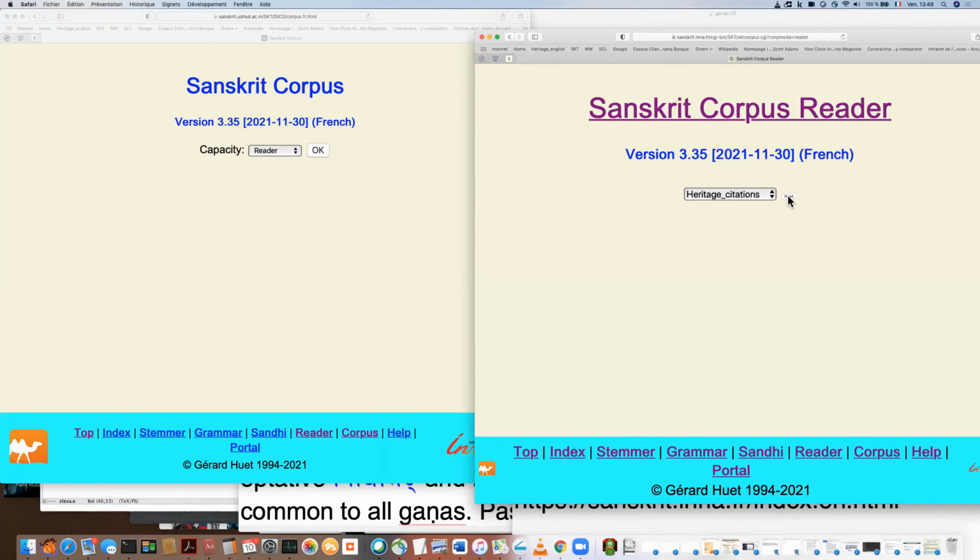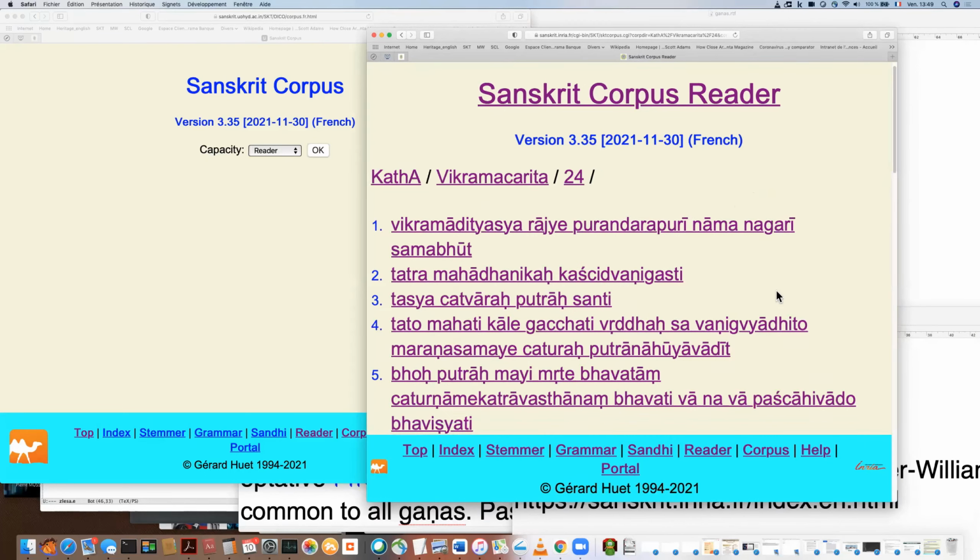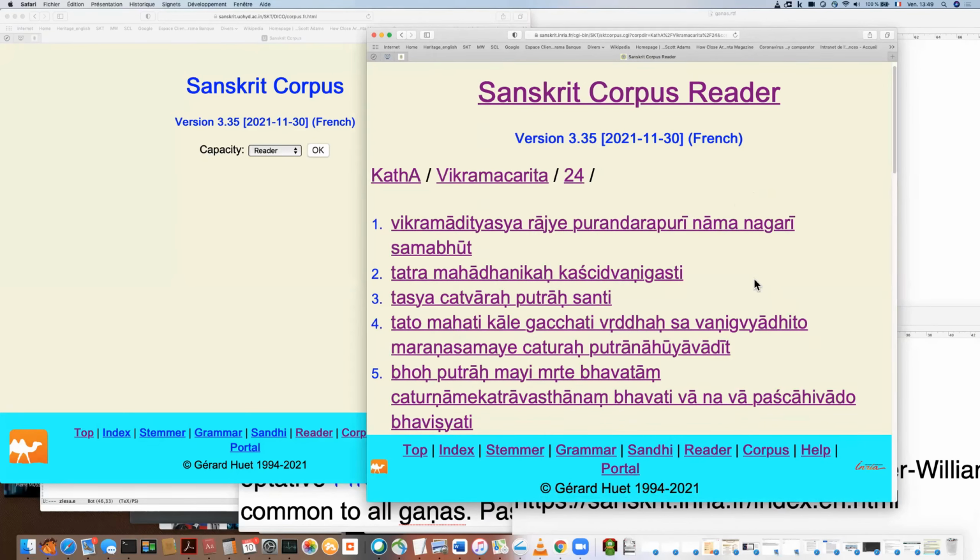So what I want to show is this little story, Kathā etc., of Vikrama-Charitam. This is the 24th chapter of the work, and here we are. Now you're seeing it in IAST because it's not completely parameterized.